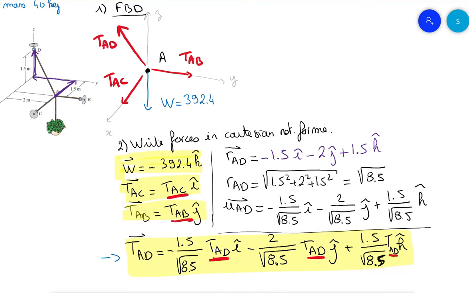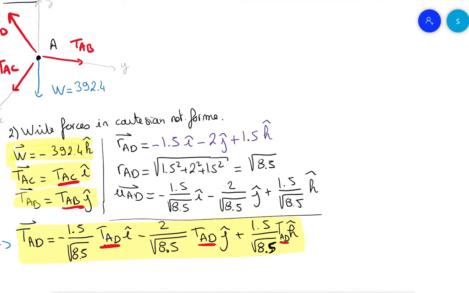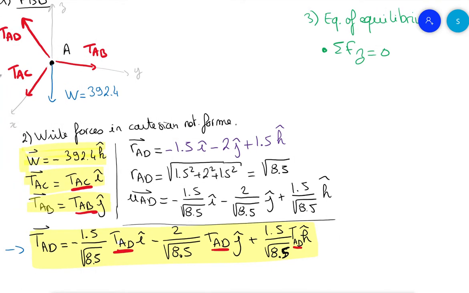So we will use the third equation of equilibrium. The first equation that we will use is the sum of the forces on Z equals 0, because on Z, if we look at the free body diagram, we have W, so minus 392.4, and we have the component of TAD, plus 1.5 divided by the square root of 8.5 times TAD, equal to 0.